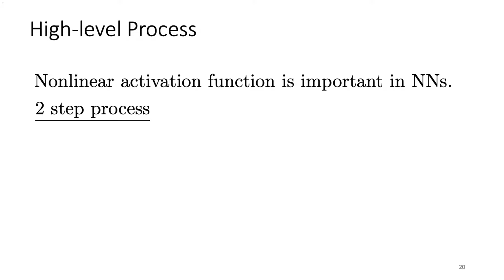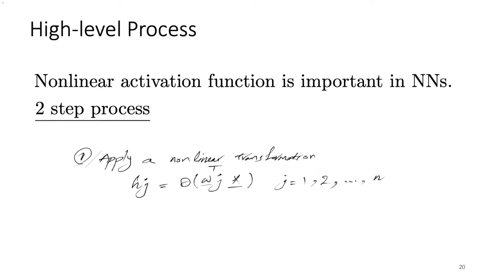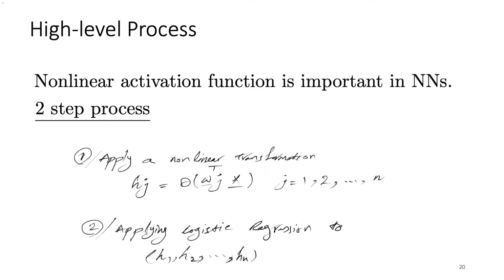All right. So at a high level, activation functions are very important in neural networks, right? We have a two-step process. Say we apply a nonlinear transformation. That's my hypothesis, the output of the first layer, which is the hidden layer, right? And afterward, it's as if we are applying a logistic regression to the output of this, right? It's a two-step logistic regression with a nonlinear activation, right?